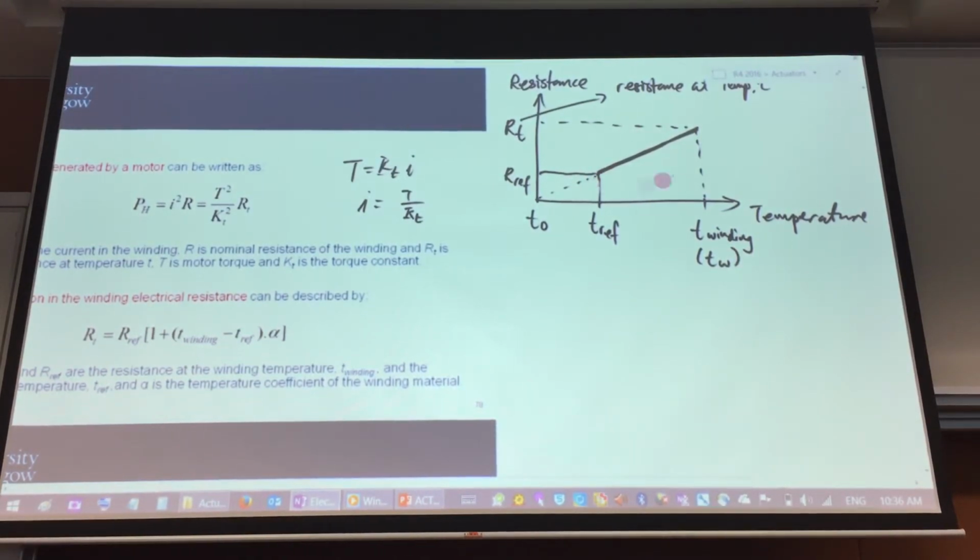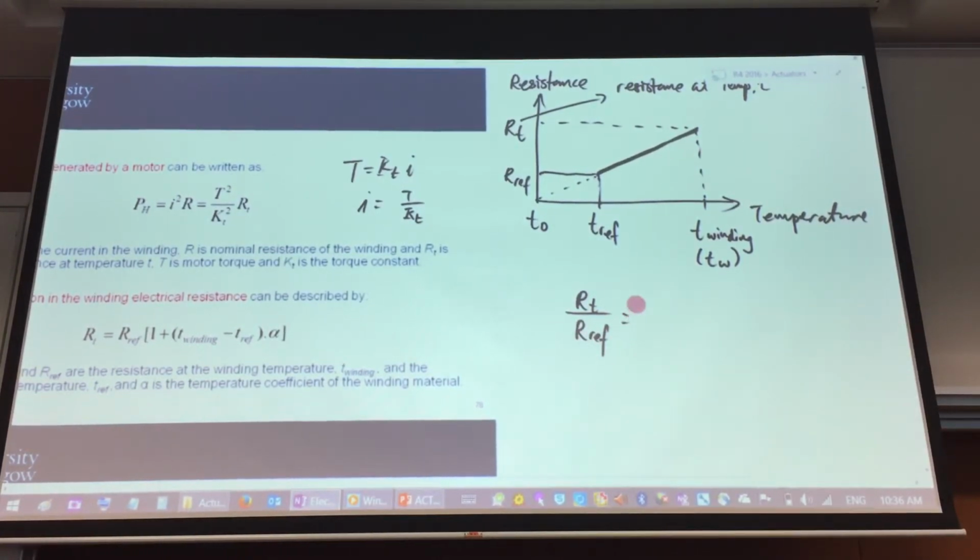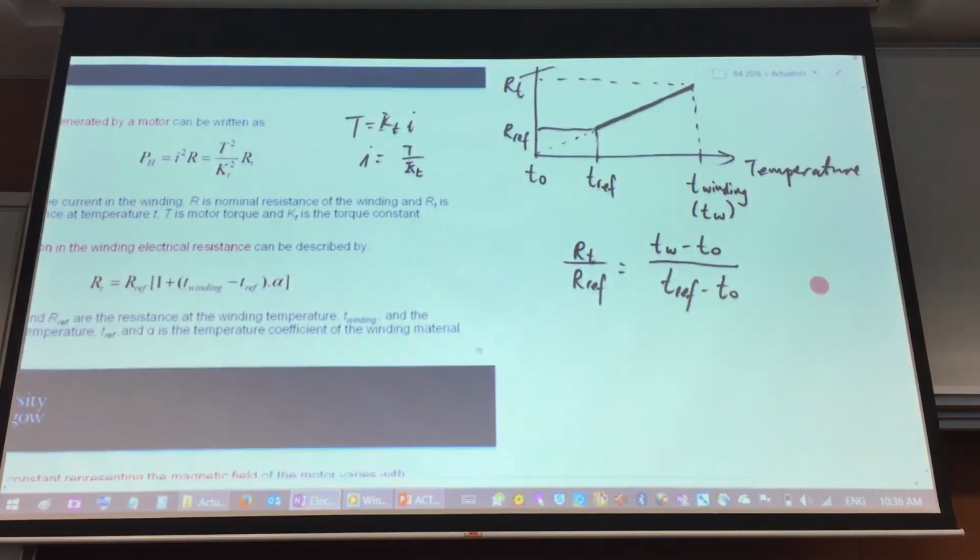So if I were to find out what's the gradient of this, that will be RT over R ref equal to TW minus T naught, divided by T ref minus T naught. Right?